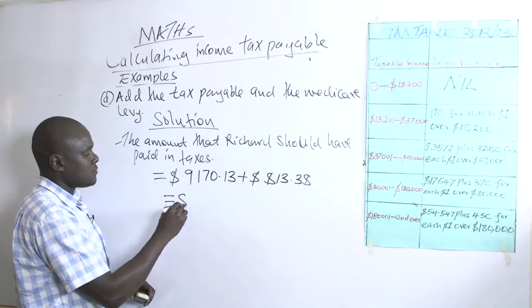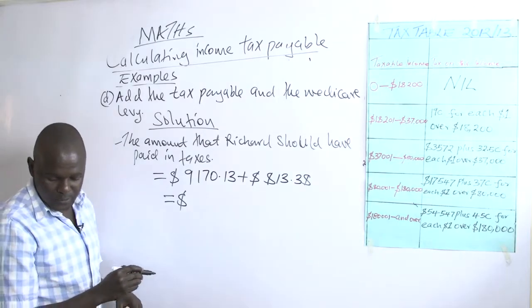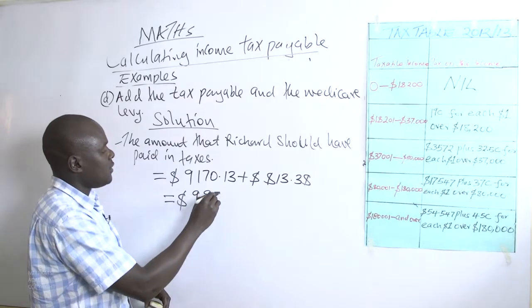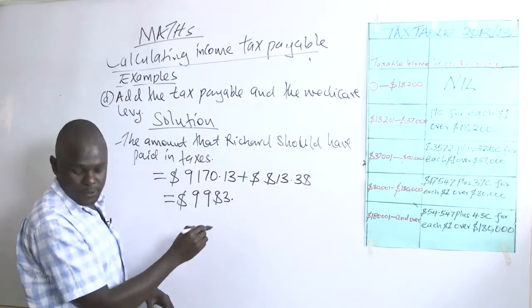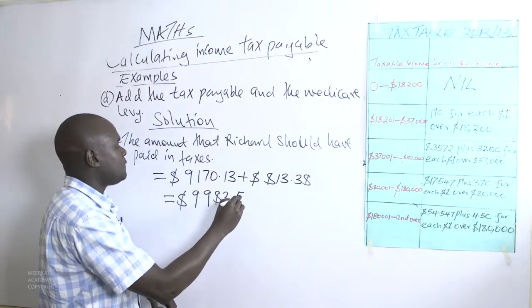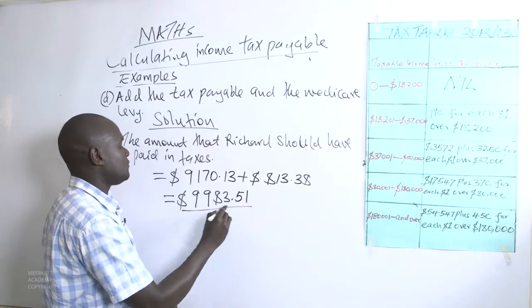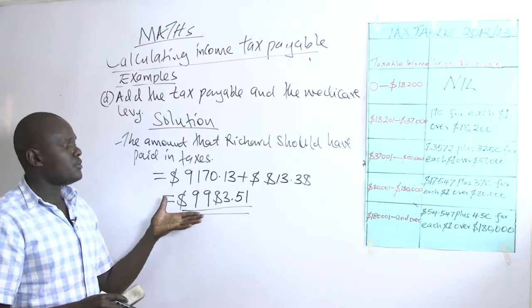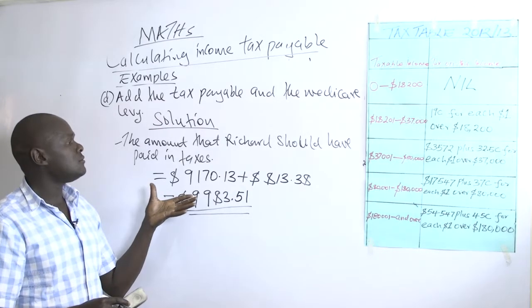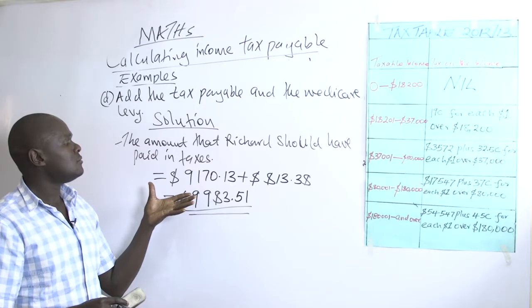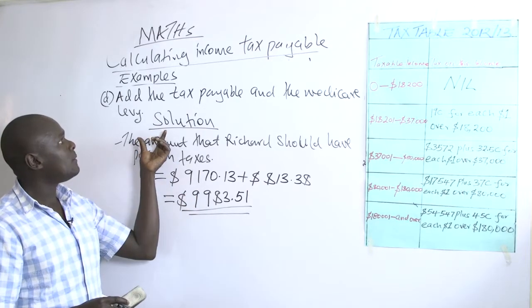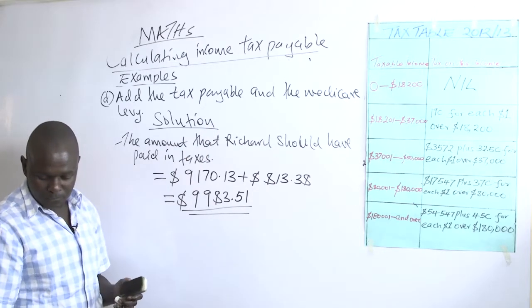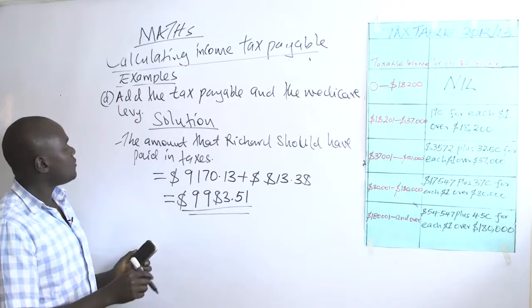If we add this, we are going to get $9,983.51. So this is the amount, that is the sum of the tax payable and the Medicare levy.